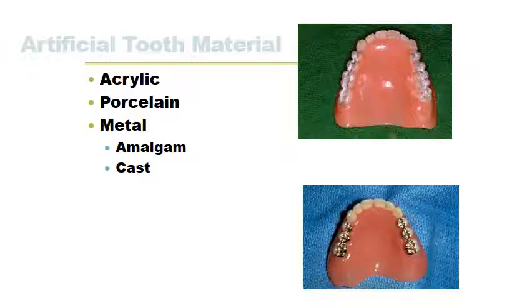To solve this problem, either use a cast metal over the teeth, like present in this picture, but this is a cast gold occlusal surface over the acrylic teeth. For financial reasons, they propose to use amalgam fillings in the occlusal surface of acrylic teeth in order to avoid attrition of these acrylic teeth.